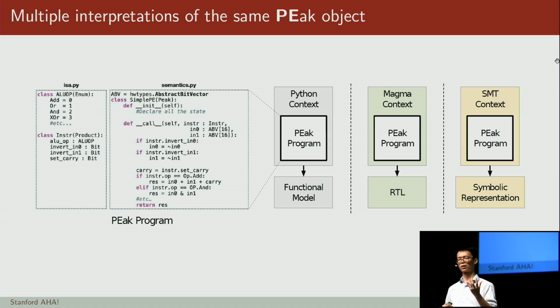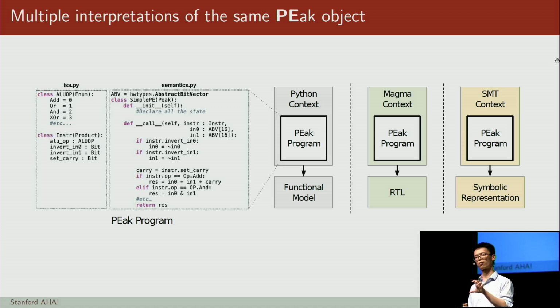So here's an example to show you how Peak works. The main idea behind Peak is to have multiple interpretations of the same Peak object. If you look at the code example on the left, that describes a very simple Peak program that contains some ALU ops and their functional semantics. Because Peak is embedded in Python, you can just run this program and obtain a functional model.